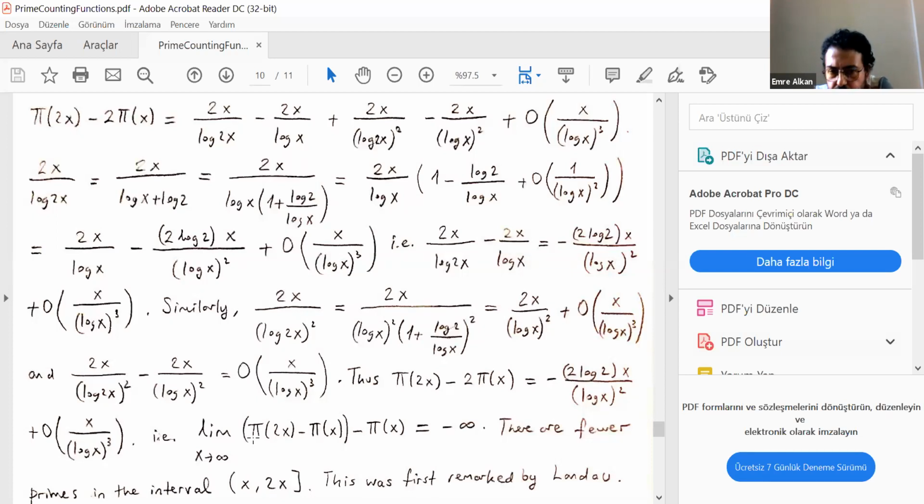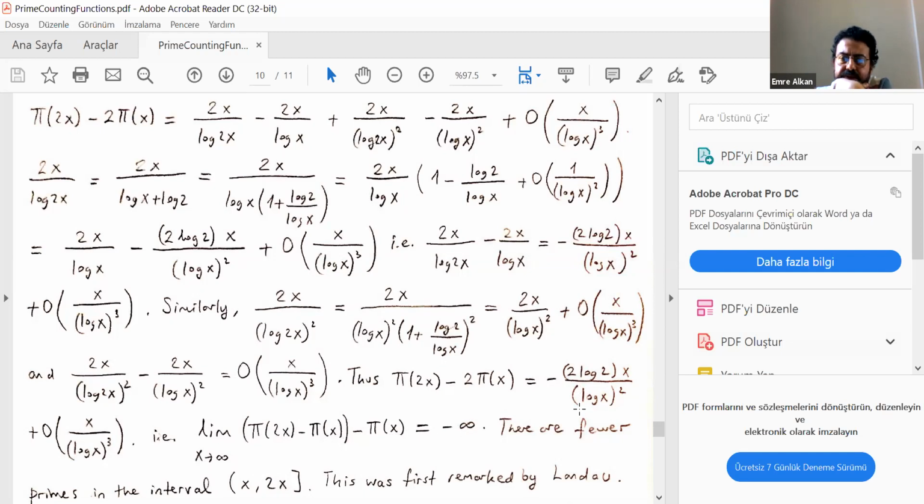So now this means that this is the number of primes in the interval from x to 2x. Well, when I subtract the number of primes up to x, then I go to minus infinity. So this means that there are really fewer primes in the interval x to 2x, and we have a measure of it.